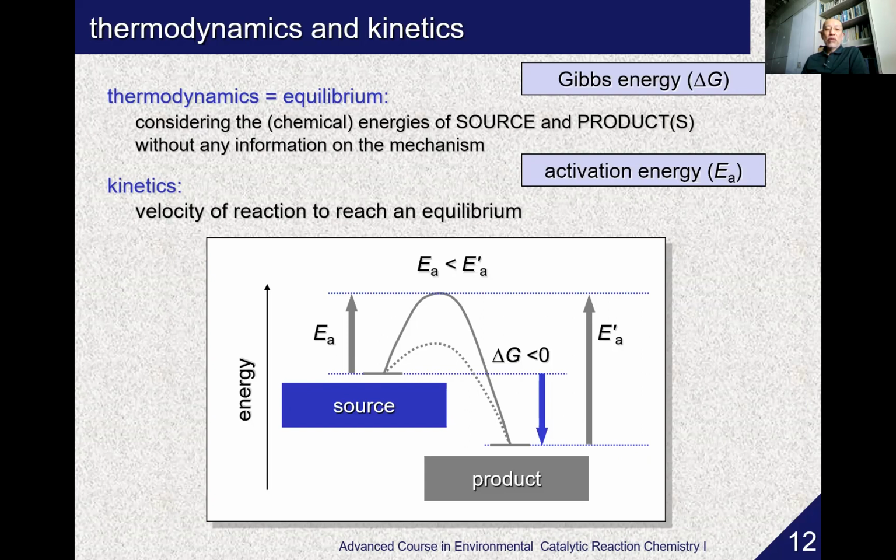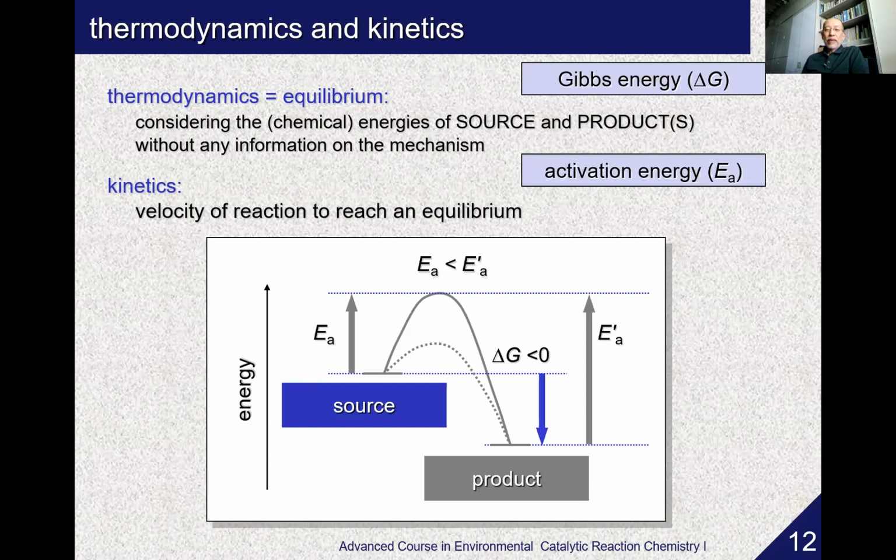We need to think about the activation energy, and there are two kinds of activation energy. The activation energy from the source side, EA, is smaller than the activation energy from the product, EA prime. And the higher the activation energy, the slower the reaction.